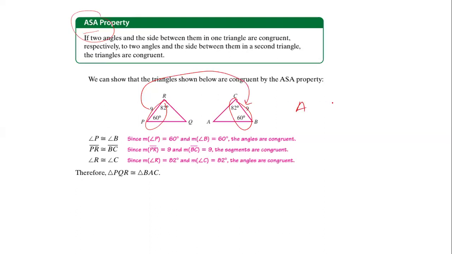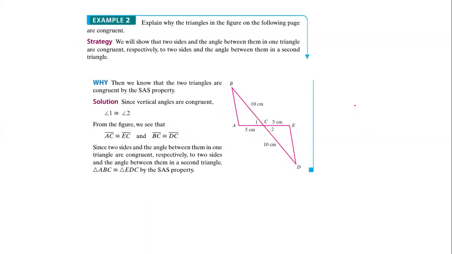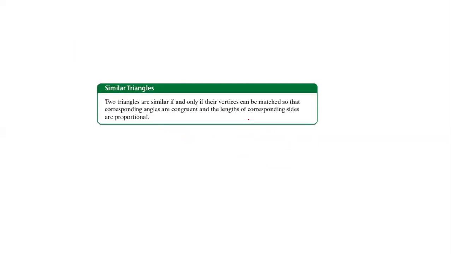If two angles from the first triangle, two angles from the second triangle, and a side from both are equal, then the triangles are said to be congruent triangles. Okay. Do check this one. I have solved this already.